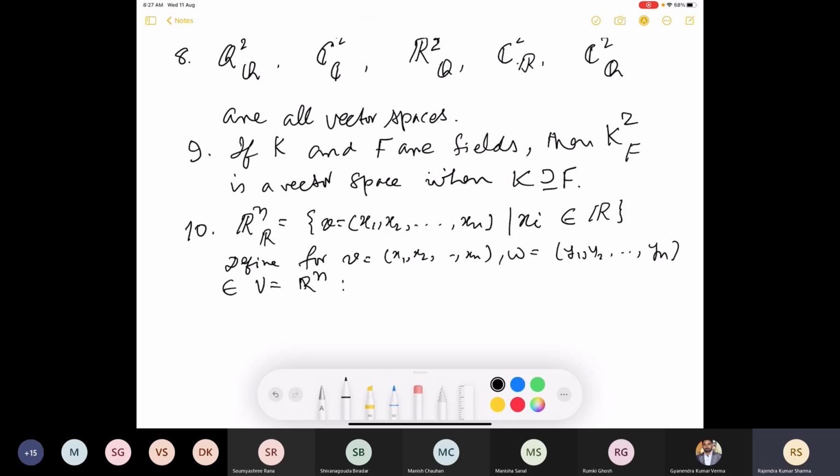Number one, V is equal to W if and only if each xi is equal to yi for every i up to n.